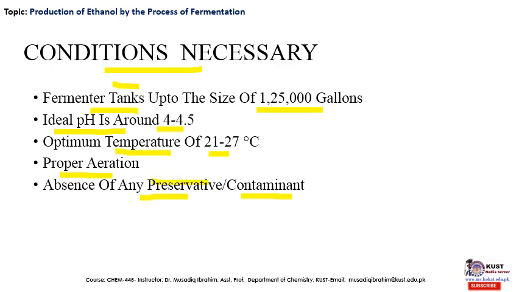Now the preservatives, they should not be added because these preservatives are normally chemicals and they can damage the metabolism of the bacterial cells. And the proper dilution is also very important during the process of fermentation.